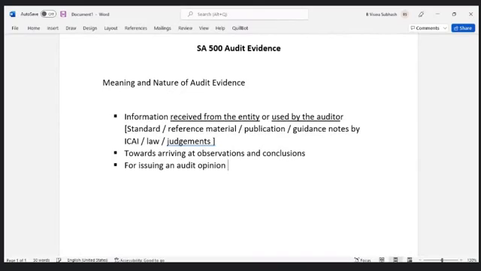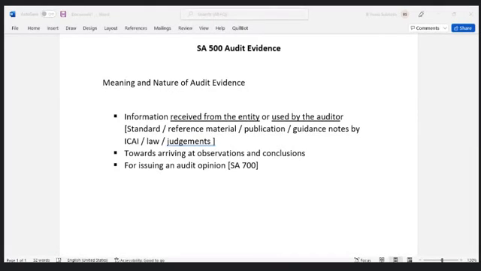What is the audit opinion? That is what SA 700 series are all about. Whether it is a modified or unmodified opinion, whether there is a disclaimer, all that we will discuss in the SA 700 series. There are various types of audit opinion and that will be described over there. So this is basically what audit evidence is, as defined by the standard.